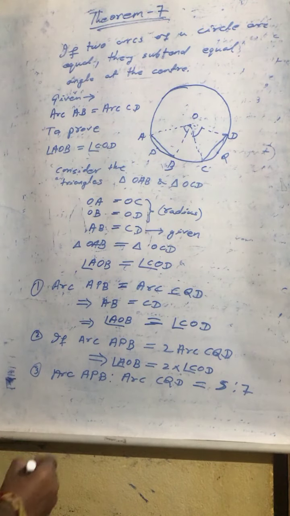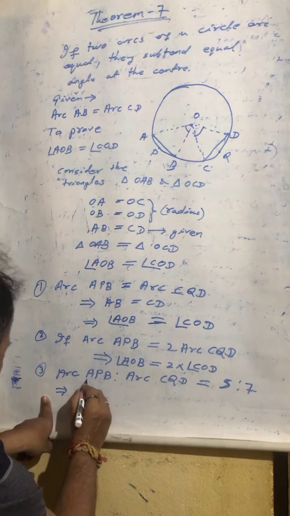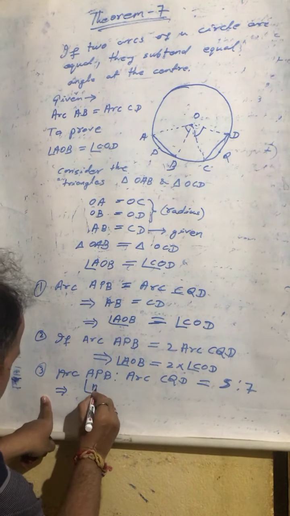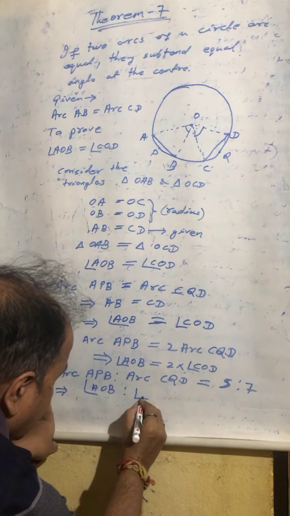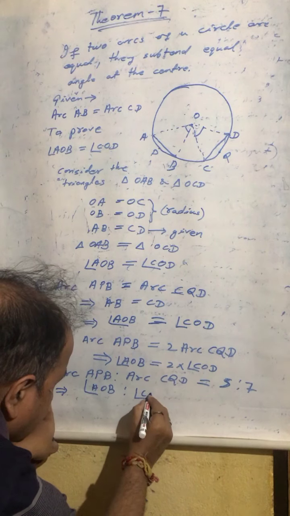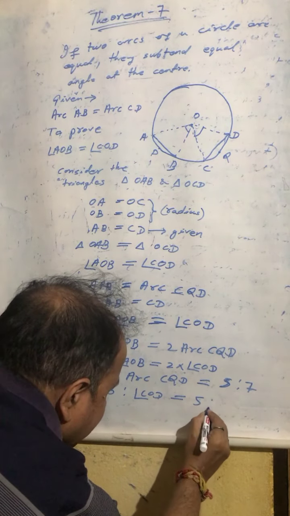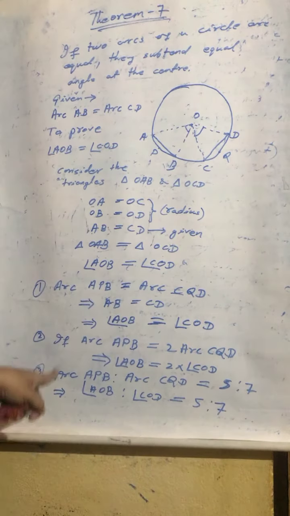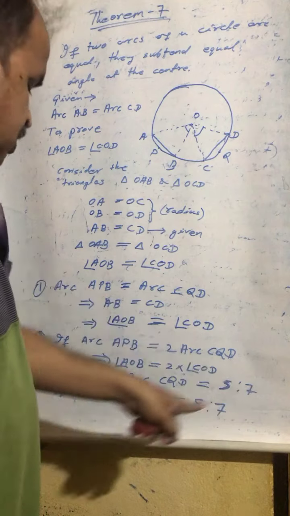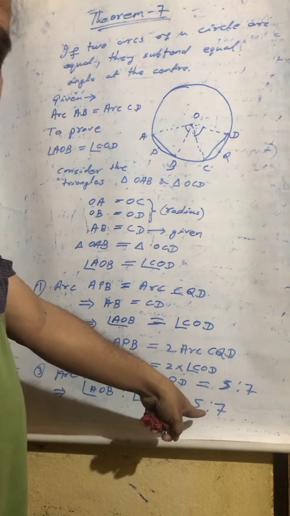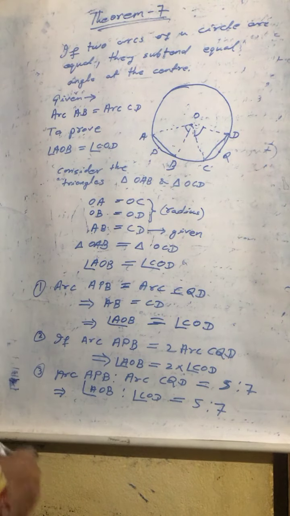So angle AOB is to angle COD is also 5 is to 7.